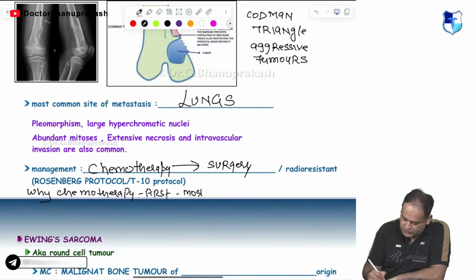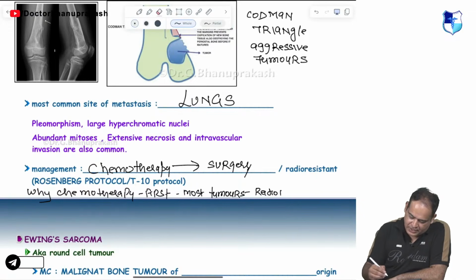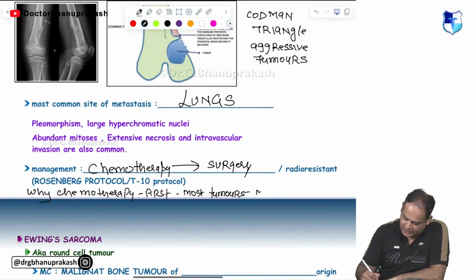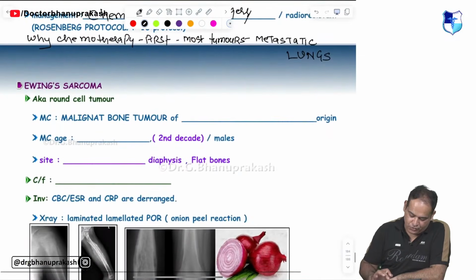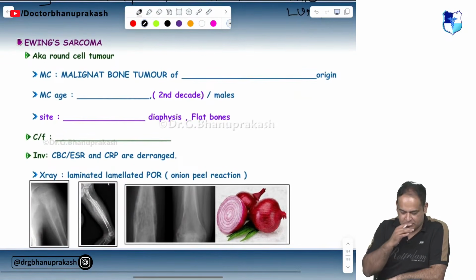Because most of the tumors are metastatic. Where? To the lungs. So we will have to do chemotherapy first.